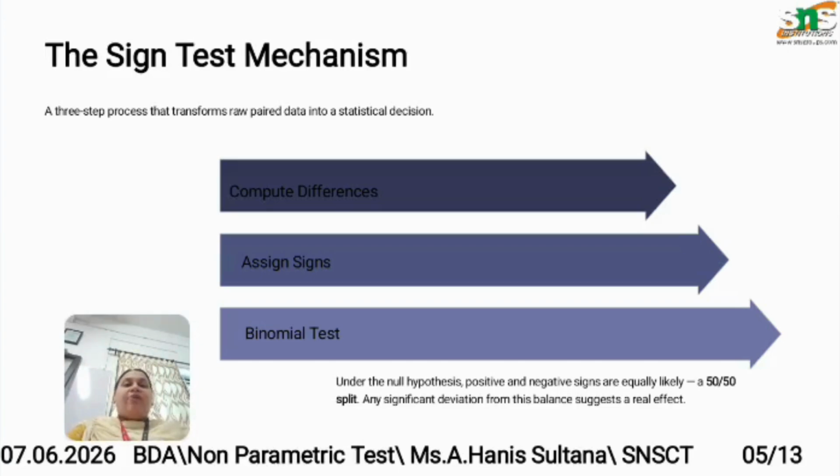Next we have the binomial test. This is one form of test to check whether a difference exists or not. Under the null hypothesis, positives and negatives are equally likely, a 50-50 split. Any significant deviation from the balance suggests a real effect. So 50-50 means there is no difference.